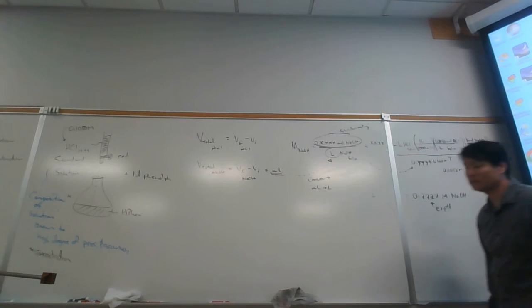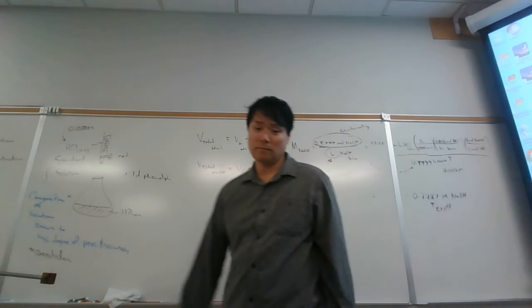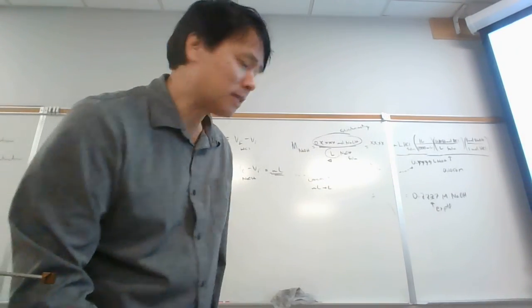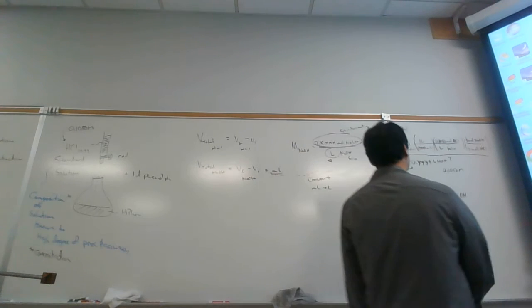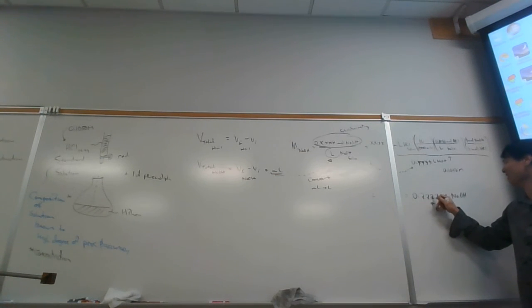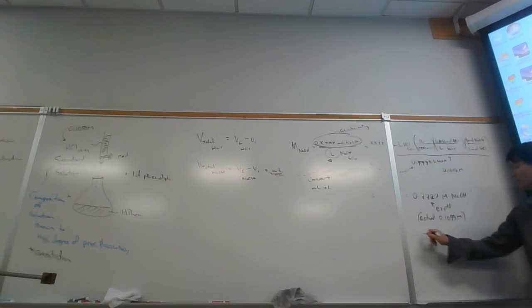The molarity of the sodium hydroxide is actually known. The molarity of the sodium hydroxide is 0.1099 molar. So the actual molarity is 0.1099 molar. And then we're going to calculate the percent error.